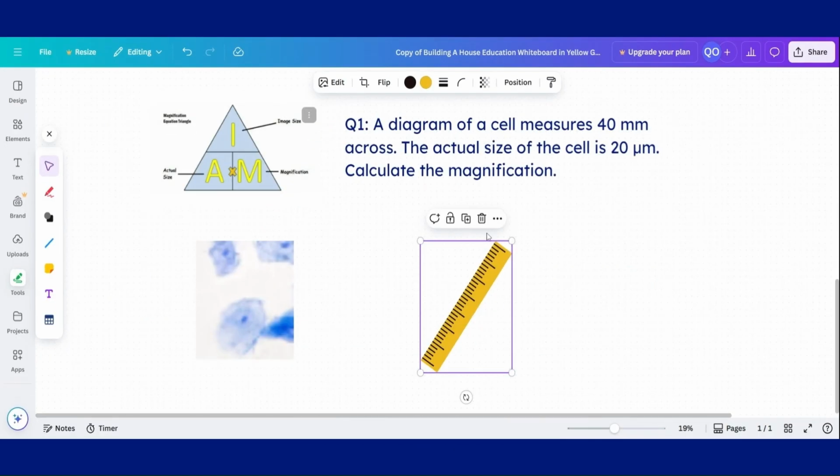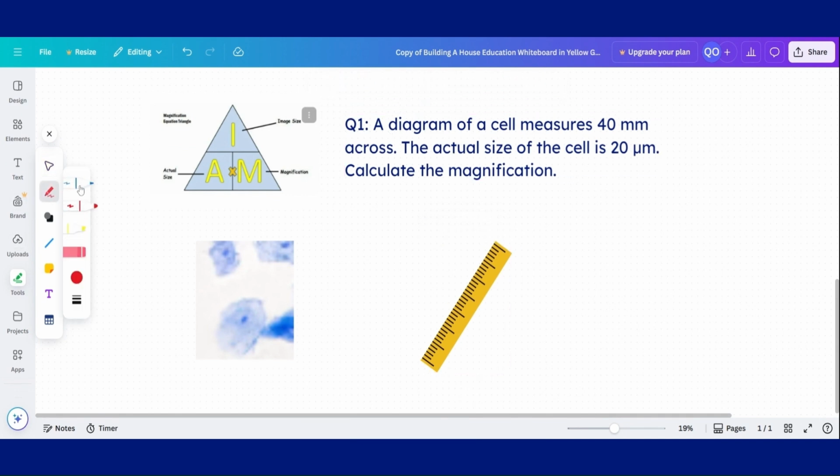So let's look at question 1. A diagram of a cell measures 40 millimeters across. The actual size of a cell is 20 micrometers.